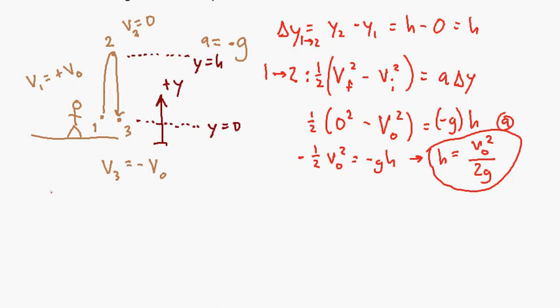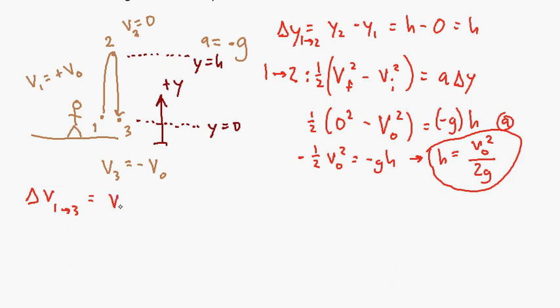Then you can find what delta v is between state 1 and state 3. Let me just be ultra clear here.